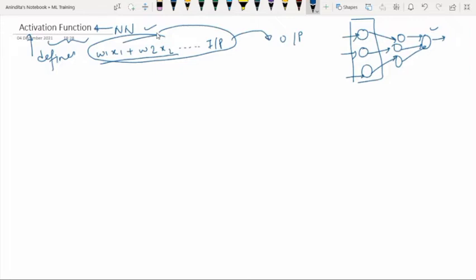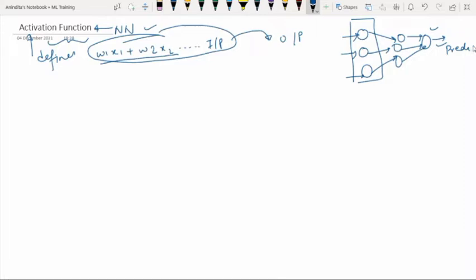Now, a network may have three types of layer: the input layer that takes the raw input from some particular domain to the hidden layer, the hidden layer that takes the input from another layer and passes it to the output layer, and the output layer that basically makes the prediction. So this is the very basic concept of neural networks.